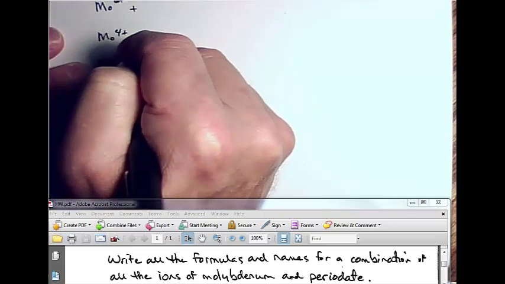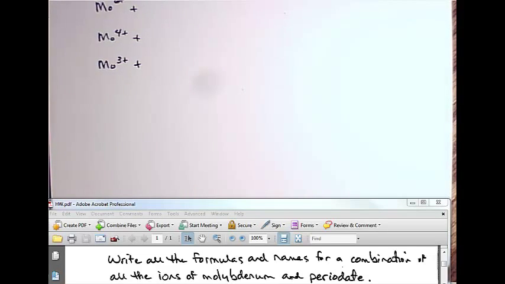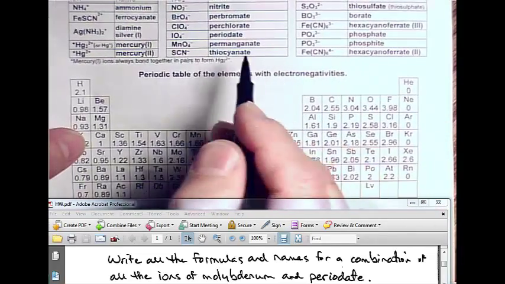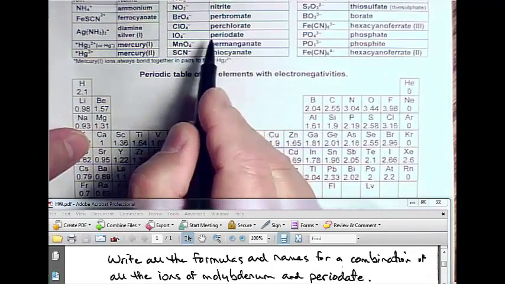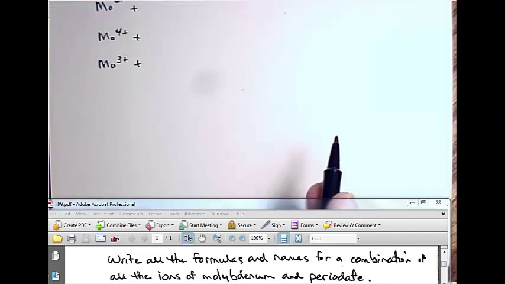Periodate, you look it up on the periodic or the test references and find the common ions list and find periodate. Periodate is right here. It's IO4 with a 1 negative charge.